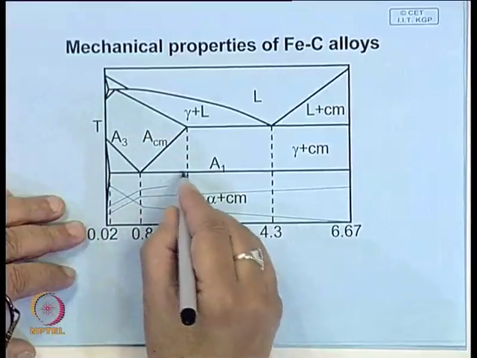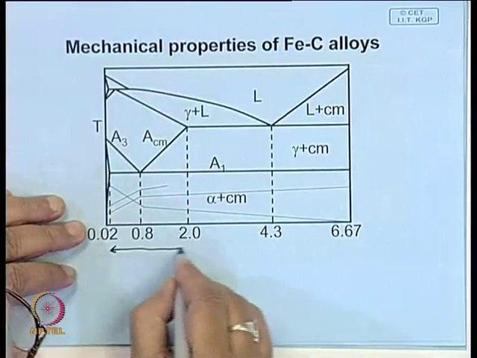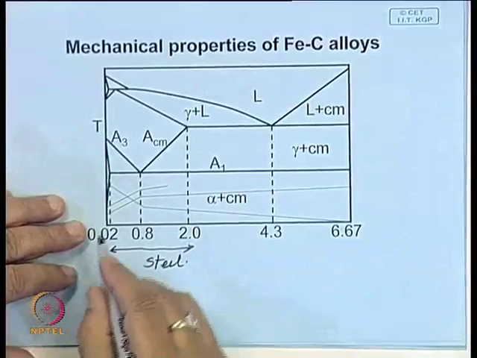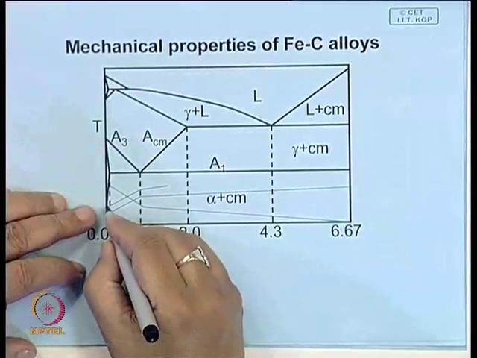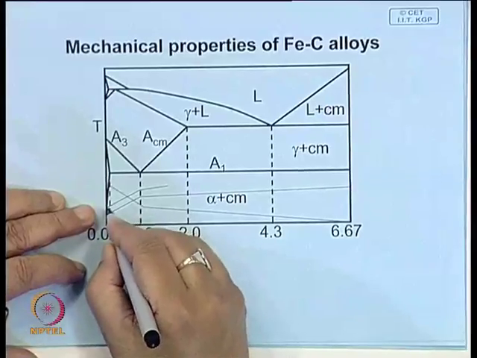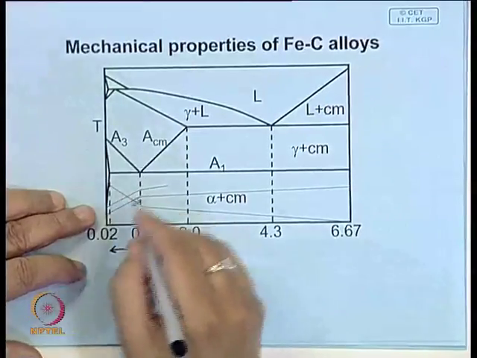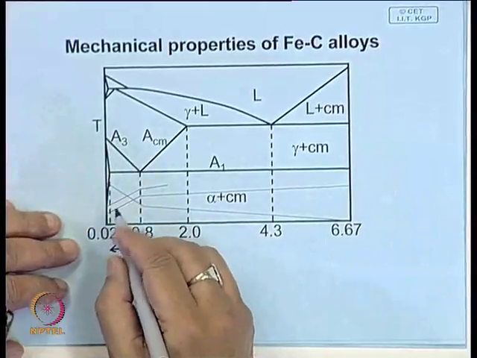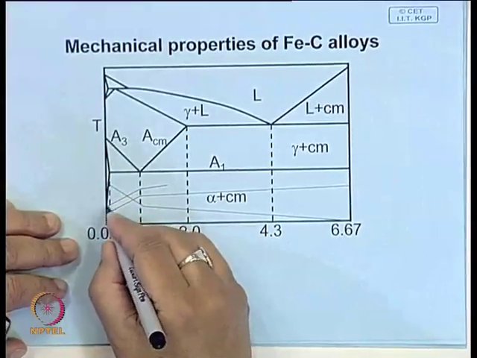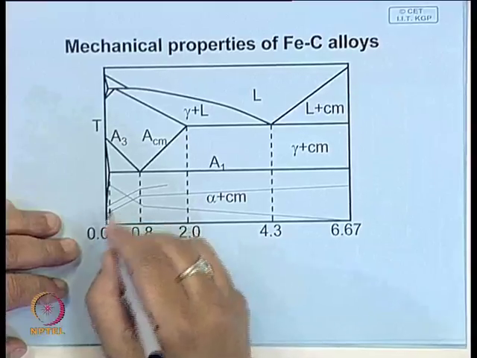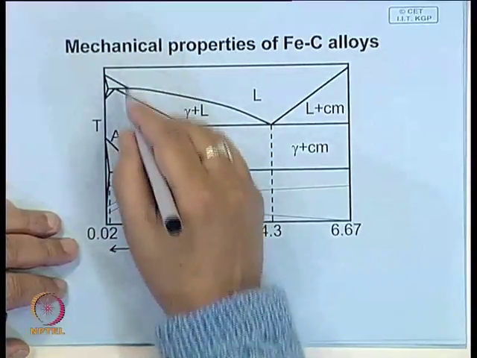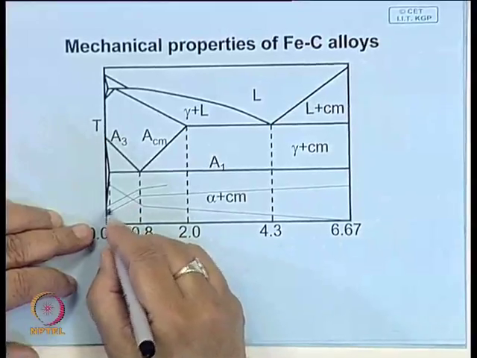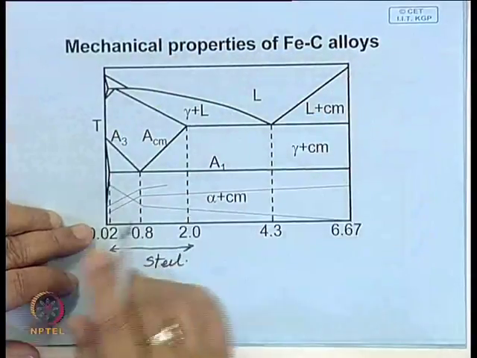For example, in the steel regime, this portion is steel, and here, if you look at the normal structure that you get, we will later come to special types of heat treatment where properties can be changed substantially, but normally air cooled or furnace cooled steel, that means where the structure is closer to equilibrium, which is described by this phase diagram.